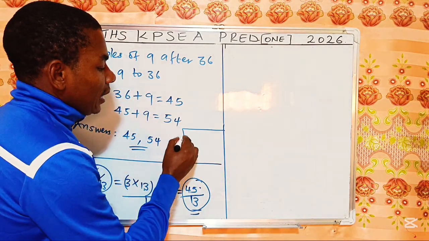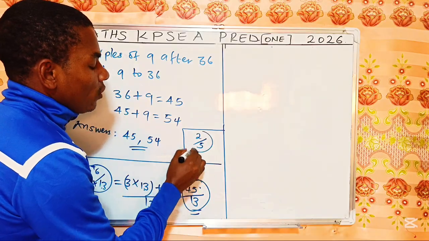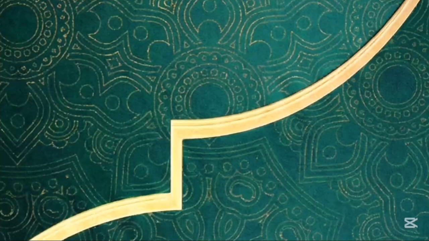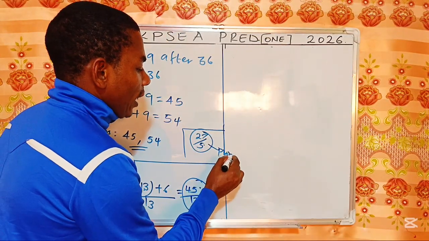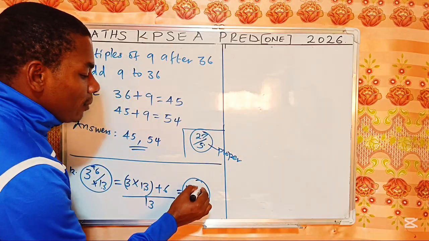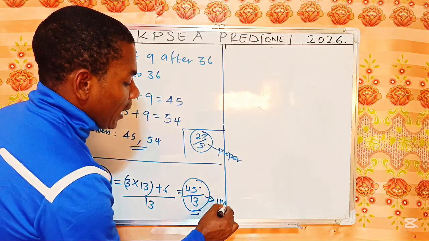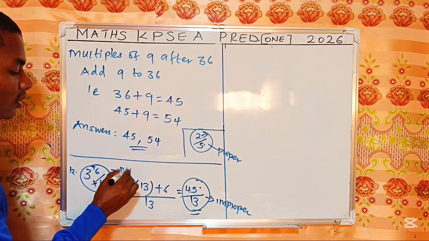But when it is like 2/5, where the upper number is smaller than the lower number, we call it a proper fraction. When the upper number is bigger than the lower number, we call it improper. But this one is called a mixed fraction.